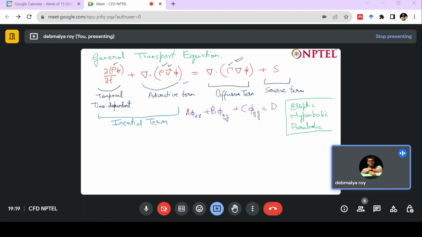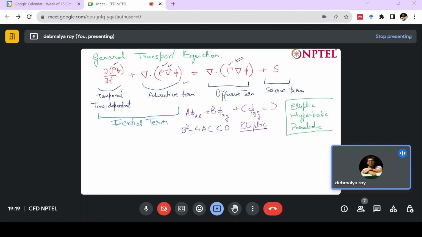This is an example that we had taken for establishing what elliptic, hyperbolic and parabolic will look like. And we found that for the elliptic case, we must have b square minus 4ac less than 0. This is elliptic.